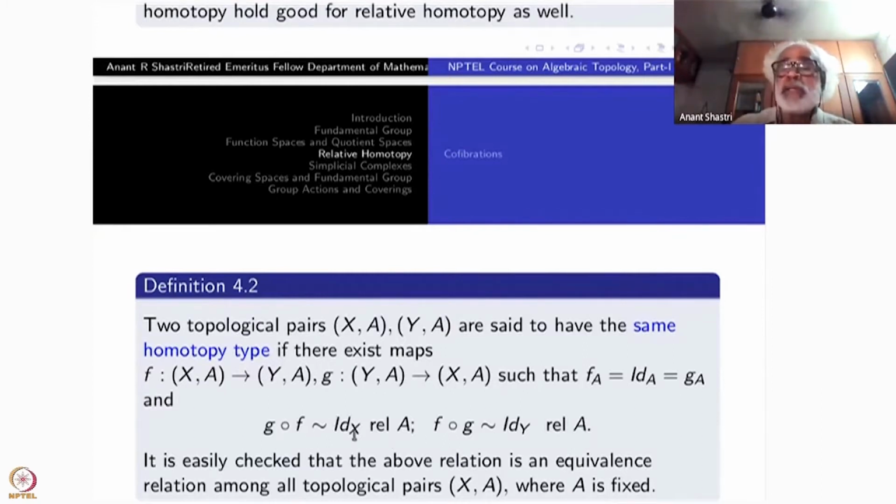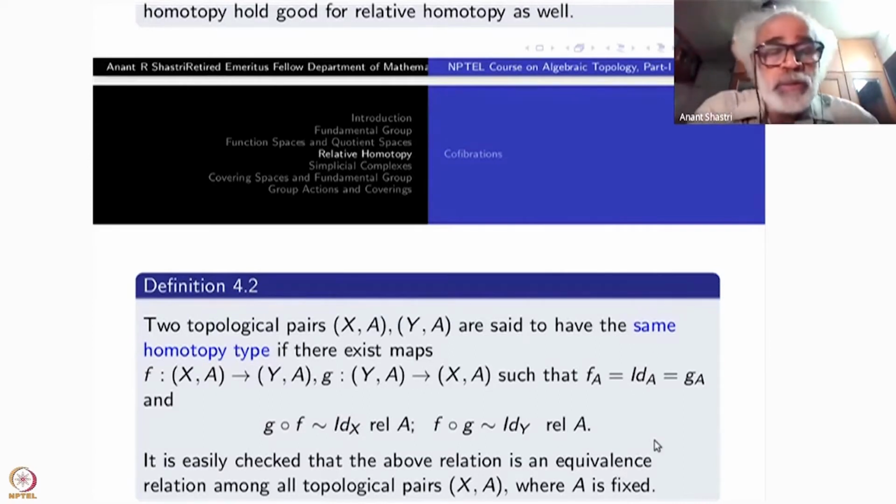If I just write equivalence, it may be confused with the old one. Moreover, we have to keep telling relative to what.